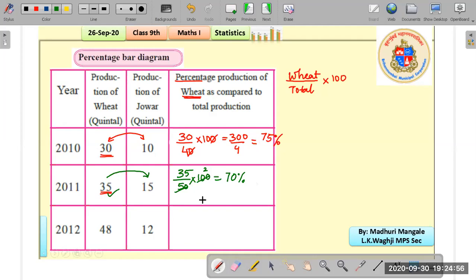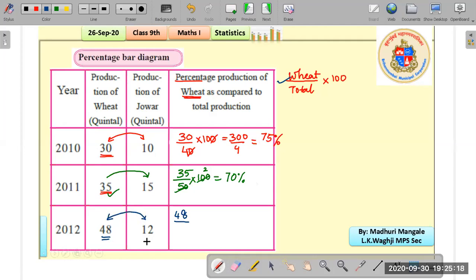And now we move to the next year, that is 2012. Okay, and we will again follow the same formula, the same procedure. We begin with the wheat production, which is 48 divided by the total. We know the total is how much, students?